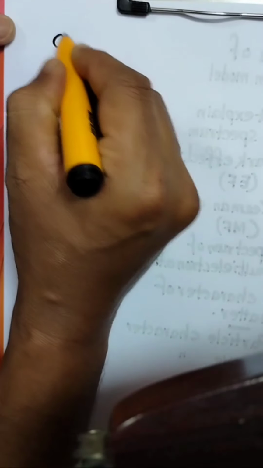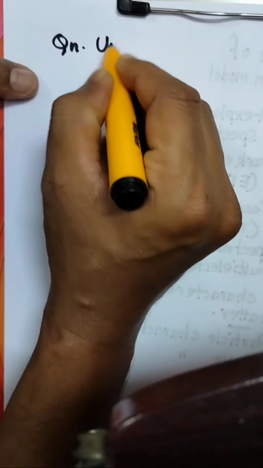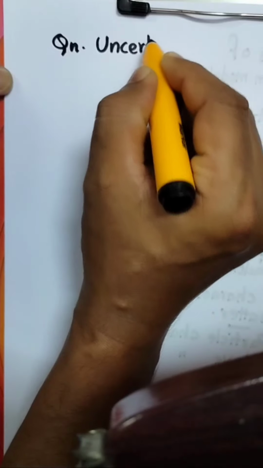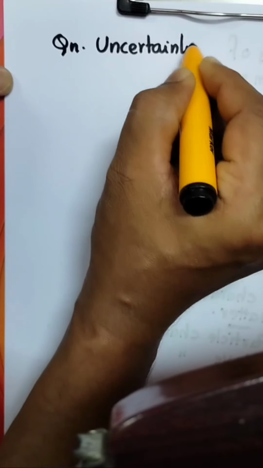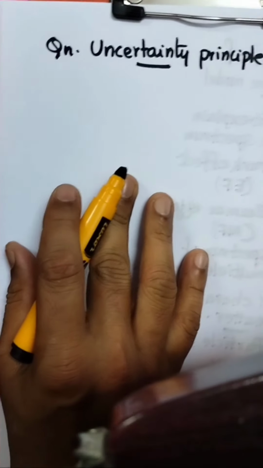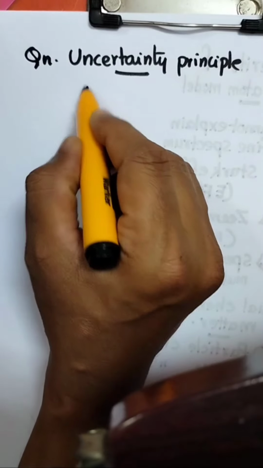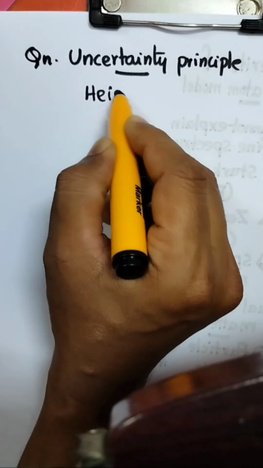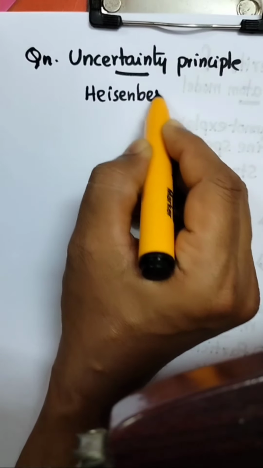Next question. Uncertainty principle. This principle was introduced by Heisenberg.